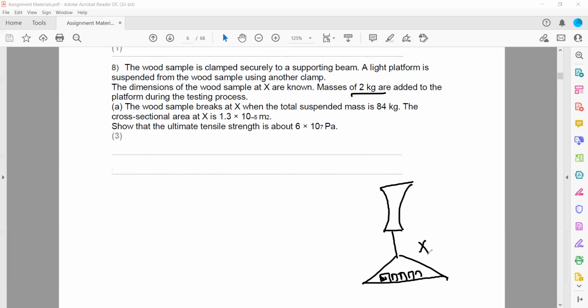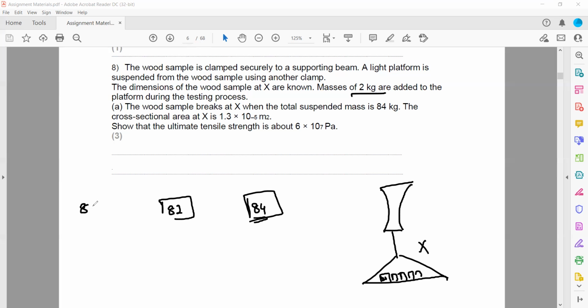But that is not the right way, because maybe we think it breaks at 84, but it might break at 82.1, 82.2, because we are not adding in small steps. The difference between the mass which we add every time is 2 kg.